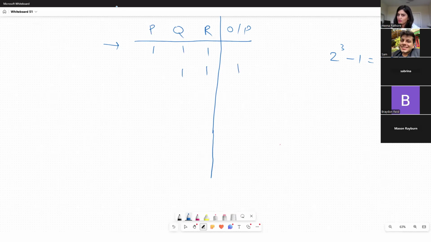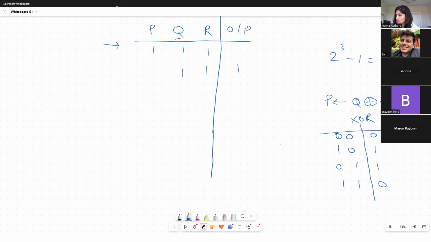Once again, on which bits they are dependent would be provided to you. Once again, we will say that P is dependent on Q XOR R operation. So 0, 0 should give us 0, 1, 0 will give us 1, 0, 1 should give us 1, and 1, 1 should give us 0.